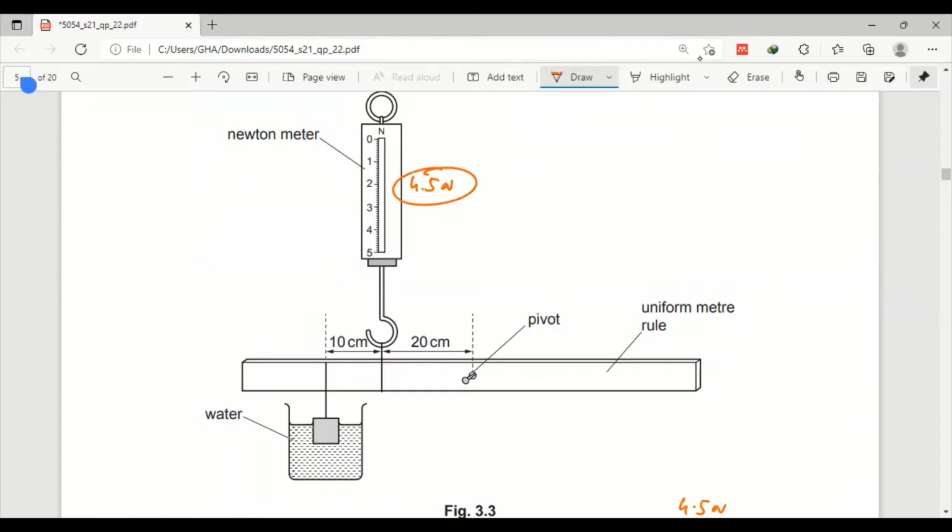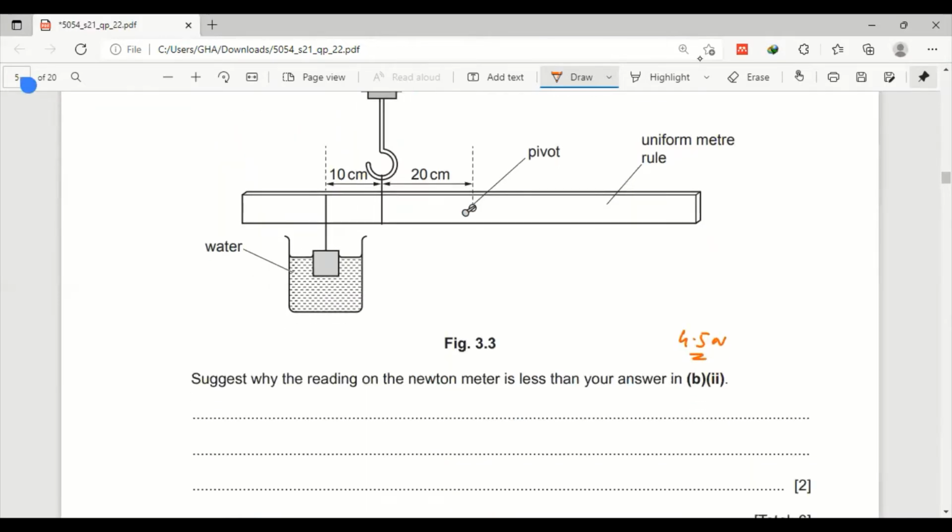Reason is due to the water. There is an upthrust exerted, mean the water is exerting upthrust. So at this point, less force, less than 3 Newton is exerted. Distances are the same. So F1 D1, F2 D2. So when this force is small, definitely this will be small because the distances are kept the same.